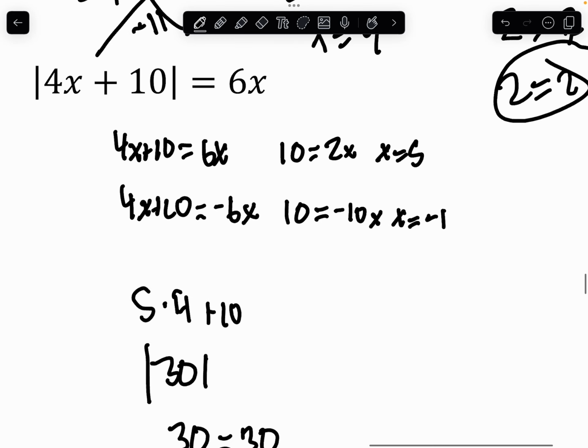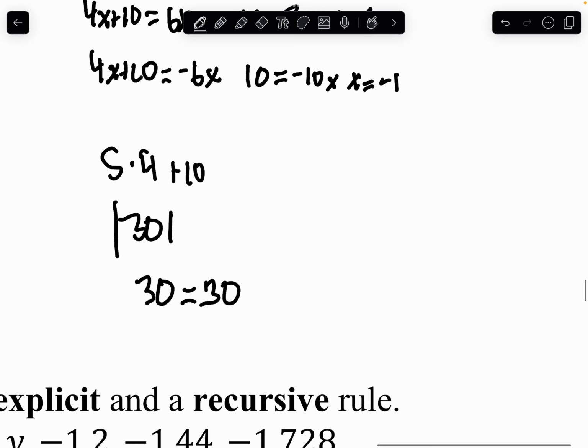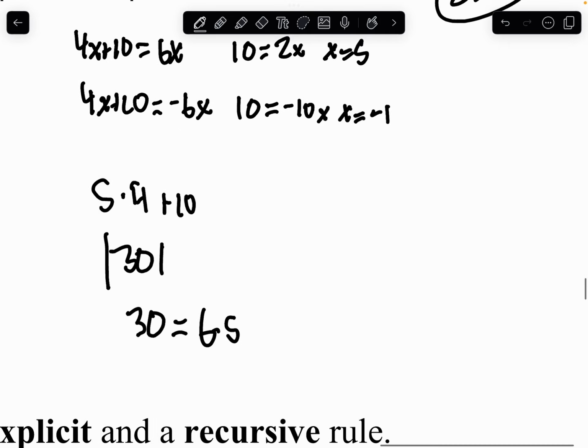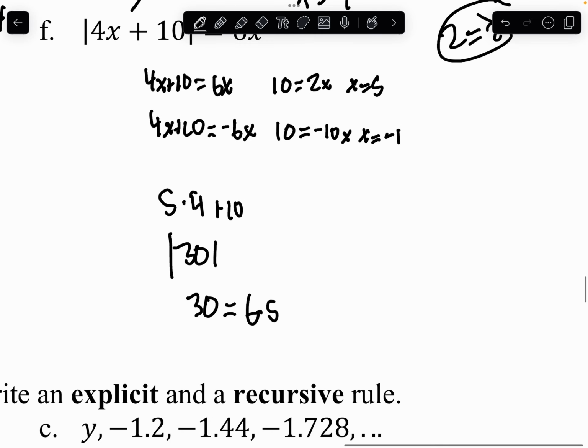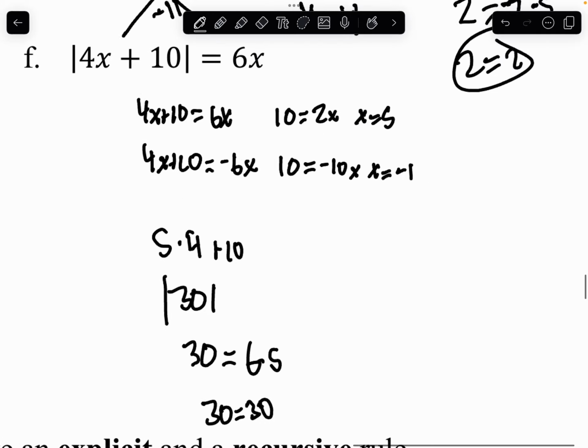Oh, 6 times 5. We'll do 30 equals 6 times 5 because it's 6x and x equals 5. So 6 times 5 is 30. So 30 equals 30. Basically just skipped one step.